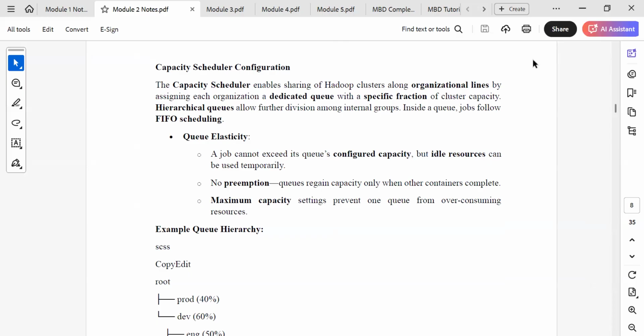Queue elasticity: we have to remember this word, queue elasticity, in the capacity scheduler. A job cannot exceed its queue's configured capacity, but idle resources can be used temporarily. There is no preemption, so queues regain capacity only when other containers complete. Maximum capacity settings prevent one queue from over-consuming resources.